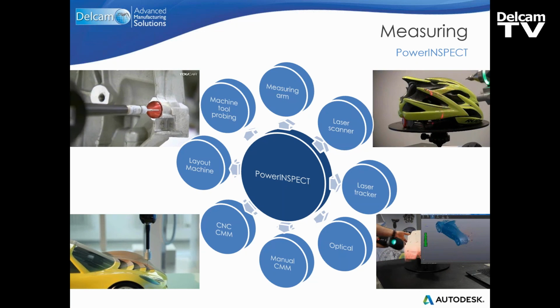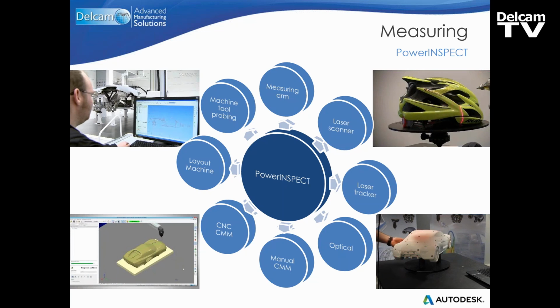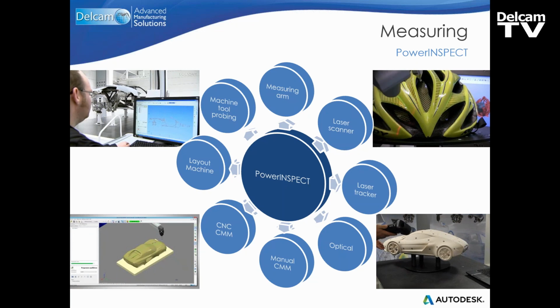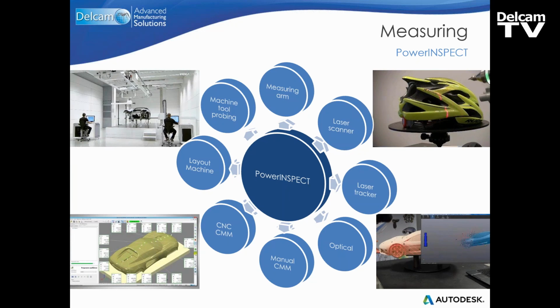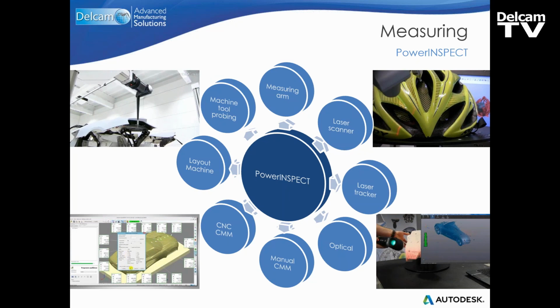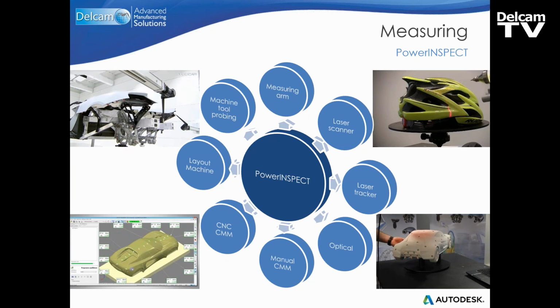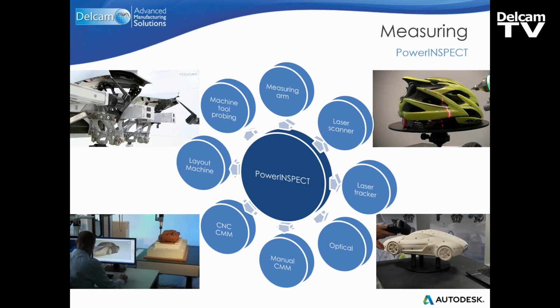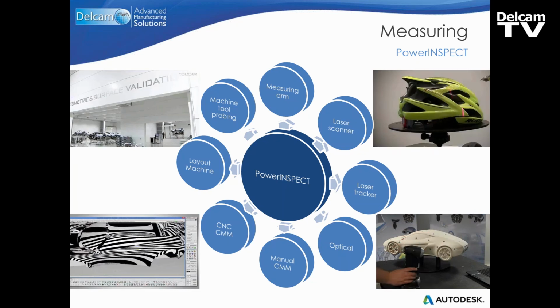And of course, let's not forget machine tool probing, another area where PowerInspect is very powerful. So the main point to take from the overview of PowerInspect is the real versatility and flexibility that we offer in our measurement applications.